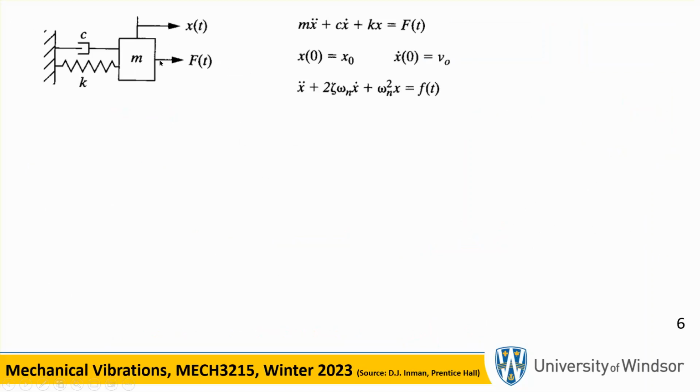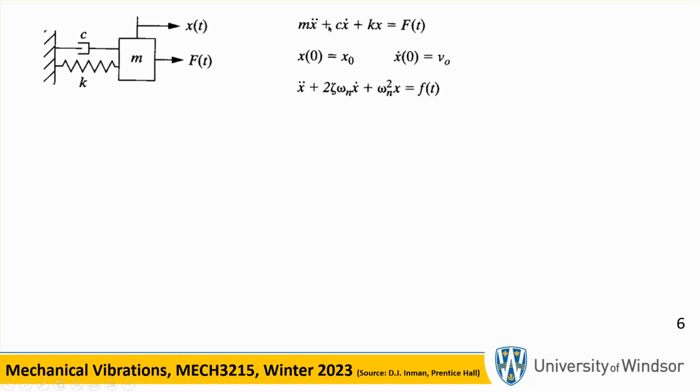Suppose that f of t is a general force. In a second, I'm going to change that to an impulsive force. But suppose that you're looking at the general arbitrary f of t. So here's the mother of all equations: initial conditions, initial velocity.